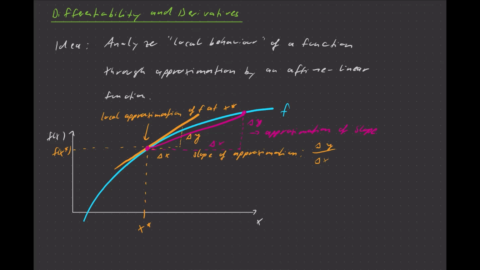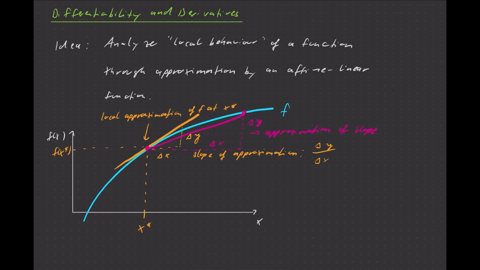And you can see, of course, the slope of this line is not quite the same as the slope of this one. But as we move that point here closer towards this point, the approximation will get better and better. So we'll be closer and closer to the actual orange line at that point. And we do this using a limit process.